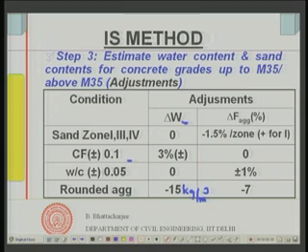When you increase your water cement ratio, you have to increase the sand content. You have to increase the sand content by 1% for each increase of 0.05 in the water cement ratio. So, when you have a higher water cement ratio, your sand content in the total aggregate system will increase, because we have kept the water content the same.